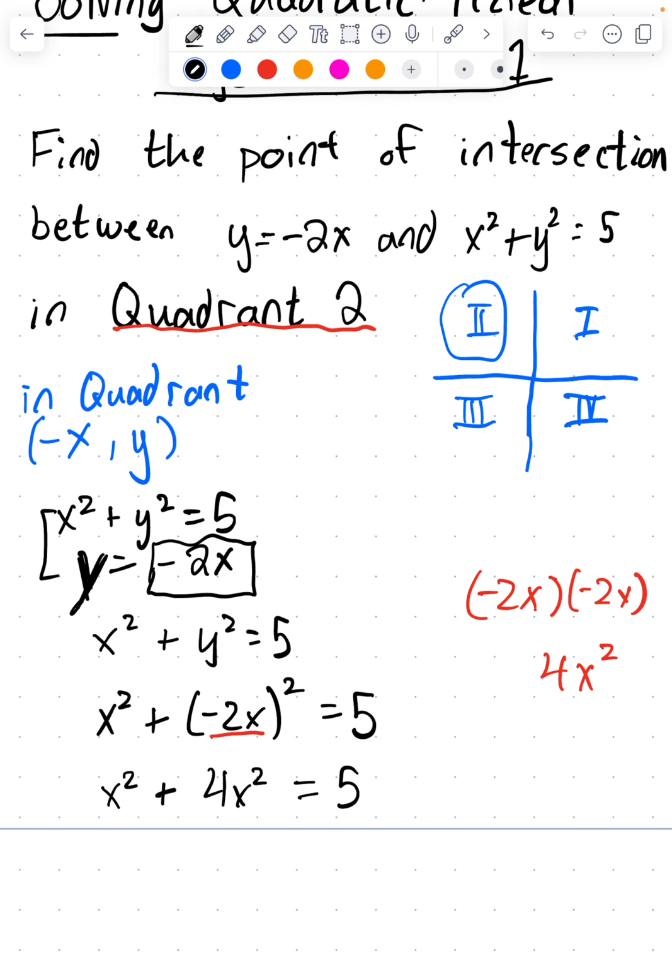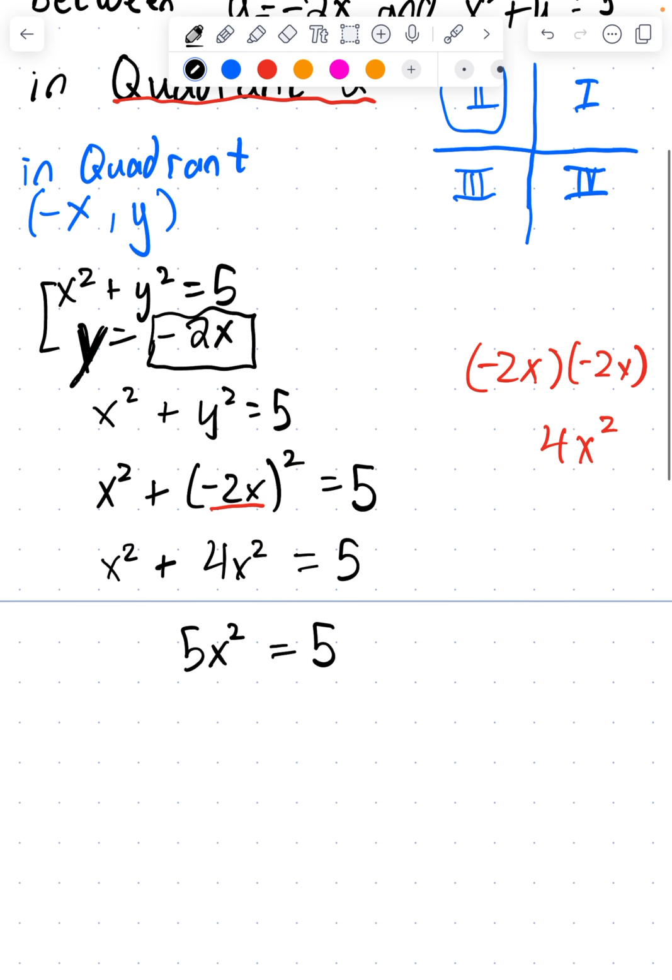Now I'm going to combine like terms. x squared plus 4x squared gives me 5x squared equals 5. Now I'm going to divide both sides by 5. This cancels out and becomes 1, this cancels out and becomes 1. So I get x squared equals 1.